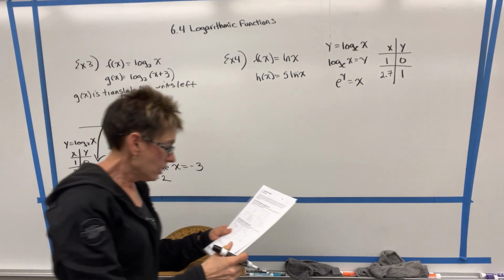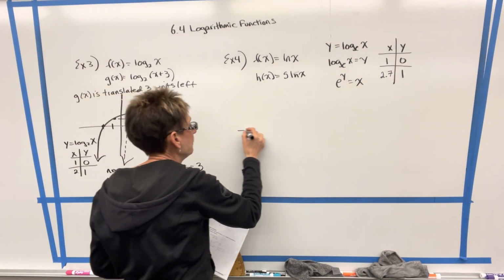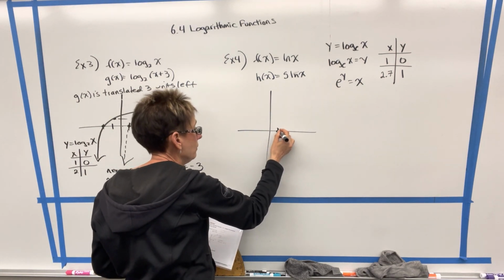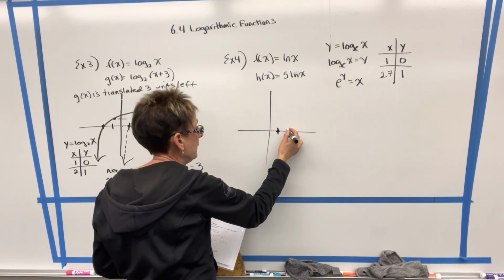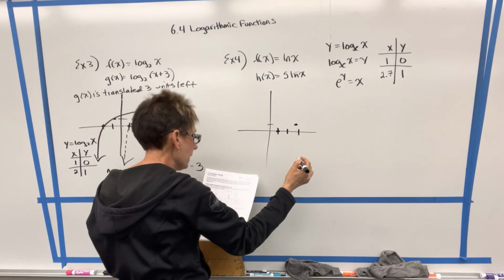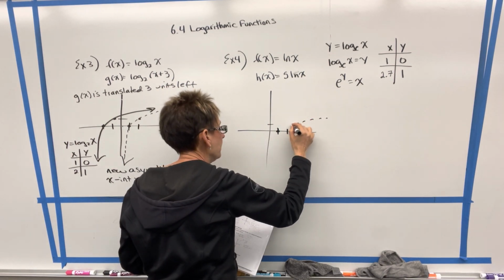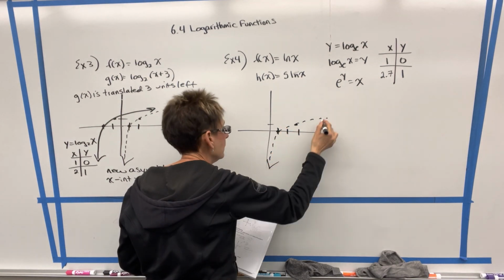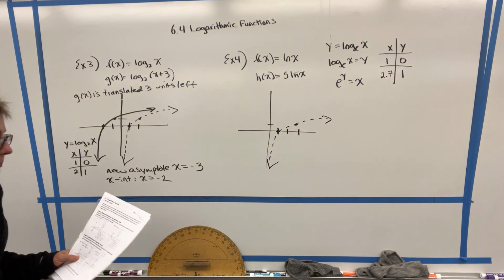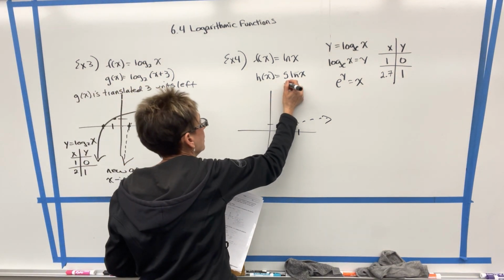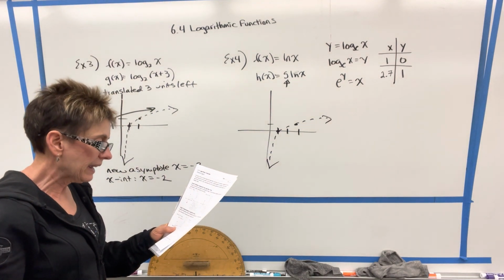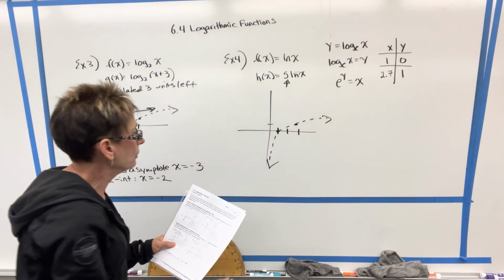Okay. So on this graph, if we graph the parent function, we're going to go 1 over and 0 up, and then 2.7 over and 1 up. And this will give us our starting point. Now, the parent function is being stretched by a factor of 5. So each point that I have would have a vertical stretch of 5.